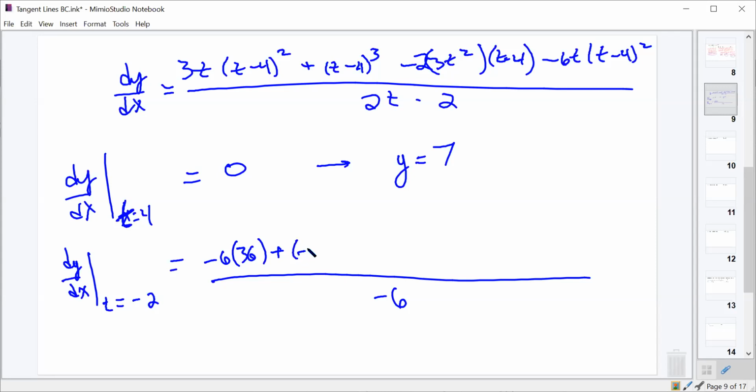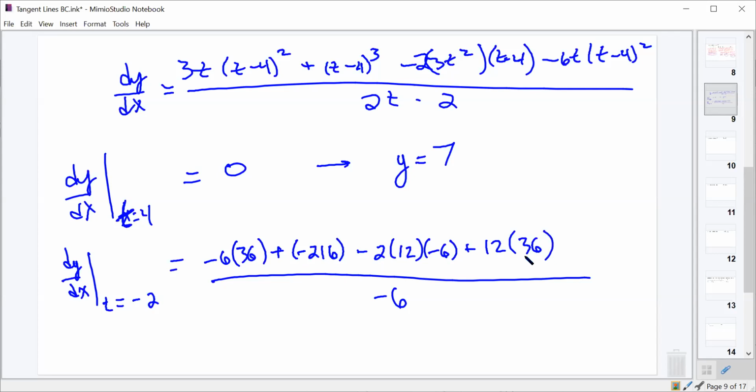So plus a negative 216, minus, we're going to have 2 times 12 times negative 6, minus 6 times negative 2, which is going to make that a plus 12 times 36.